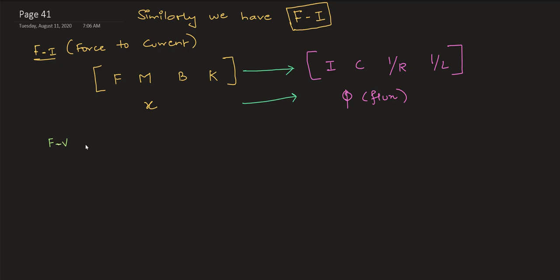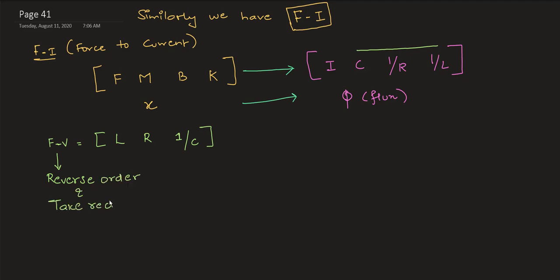Now this is your force current equivalent, and your displacement X in your current equation is represented by flux phi.